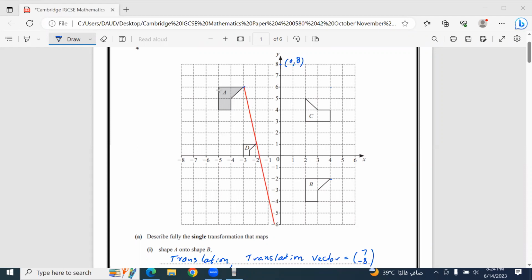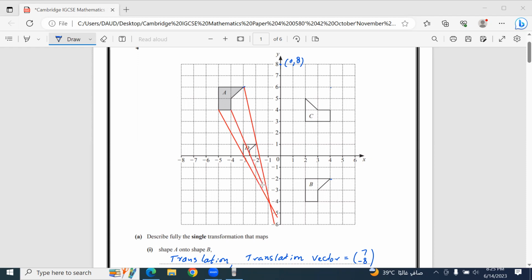Then choose another corner, but it must be similar. For example, this one. It will pass through this corner, and where these two lines connect, that is your center of enlargement.